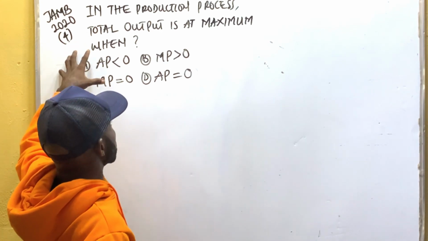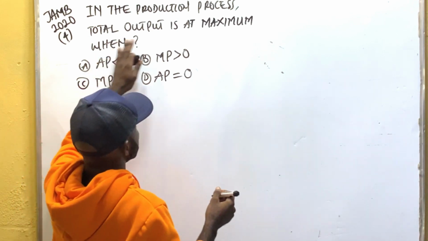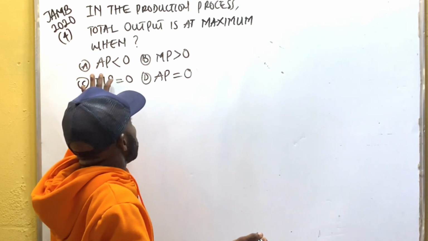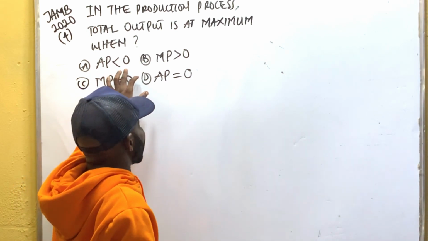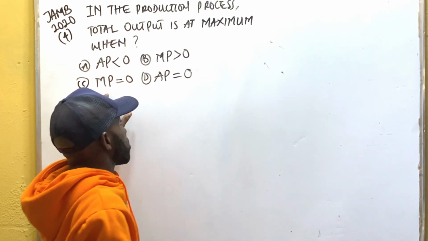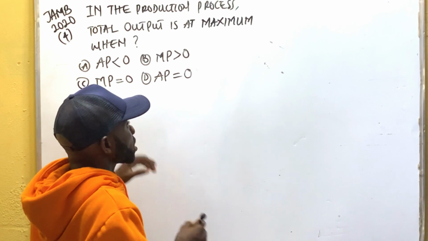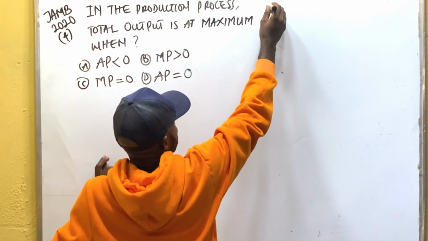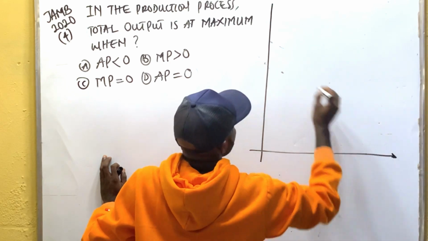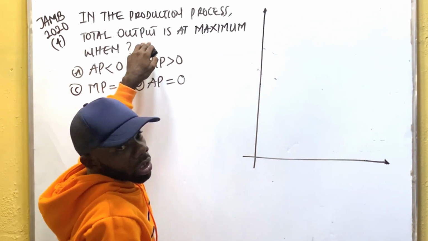Now, this question says, in the production process, total output is at maximum when: option A, average product is less than 0; marginal product is greater than 0; marginal product is equal to 0; average product is equal to 0. Now, the first thing you need to note, if you must have a better understanding of this question, is that there's a diagram for production theory.